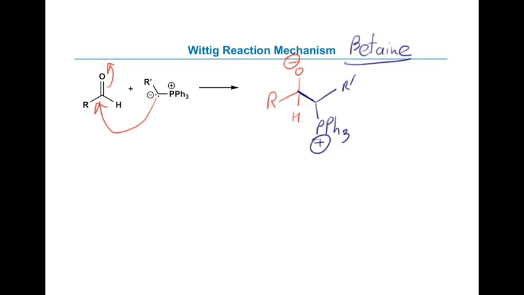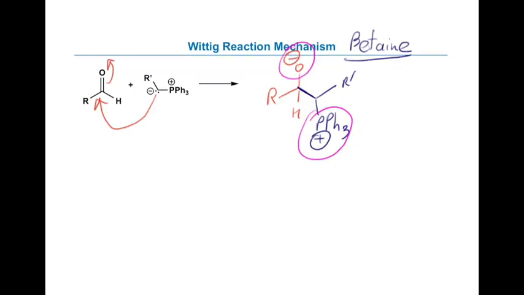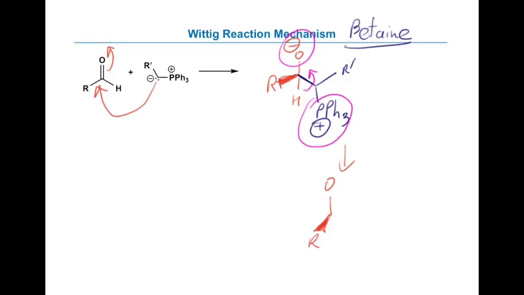Now, what's interesting about this, though, is once I'm set up like that, I have a negative center, I have a positive center. I can rearrange this by a bond rotation here to orient them so they're actually closer together. So let me redraw this where I've got my oxygen. I'm going to draw this where my R group is sticking out like this, and let's say the hydrogen was going back.